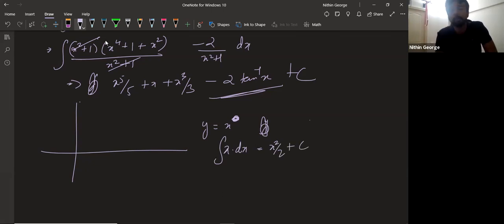What are we talking about here? So x is a function. Y equal to x, this is the function here.